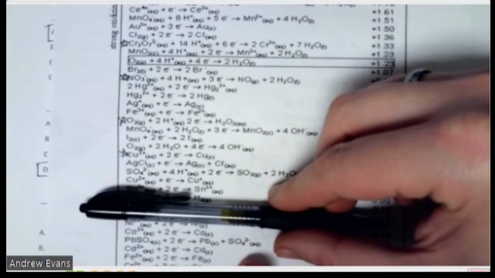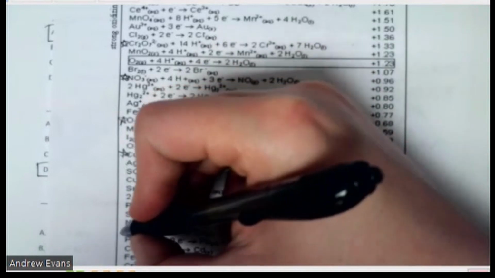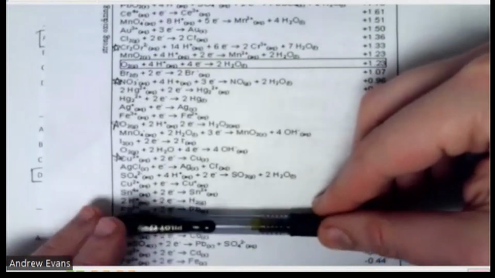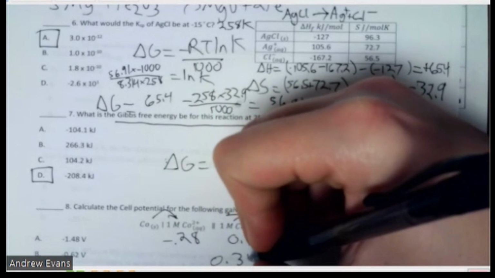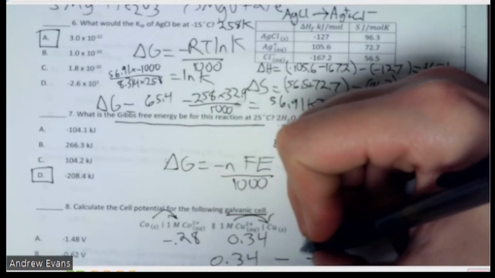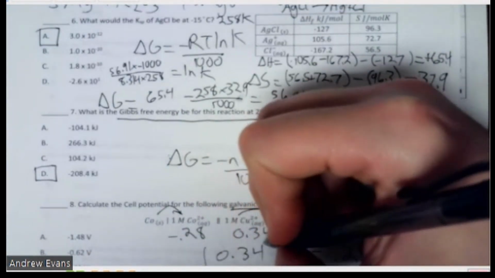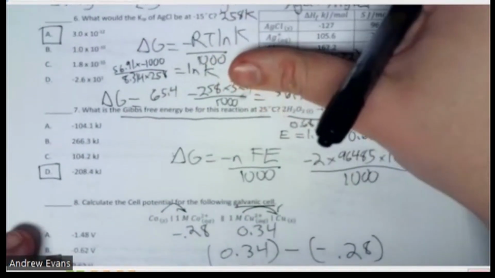Way down there, cobalt, negative 0.28. It was a galvanic cell, so this has to be positive. So 0.34 minus a negative 0.28 gives you positive 0.62, which is answer C.